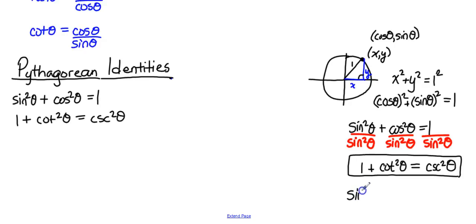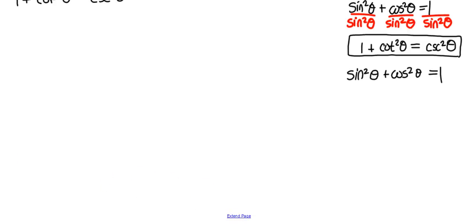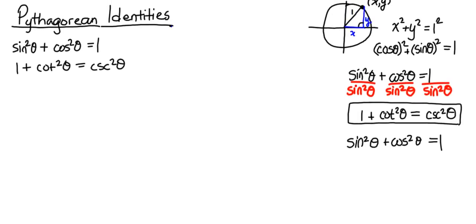Let's reset. Come back here to sine squared of theta plus cosine squared of theta equals 1. And can you guess what we are going to divide by next? Well, we explored what happens when we divide by sine squared of theta.